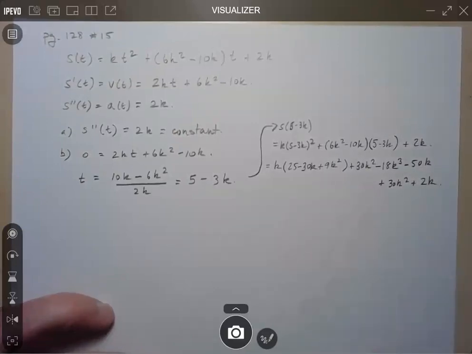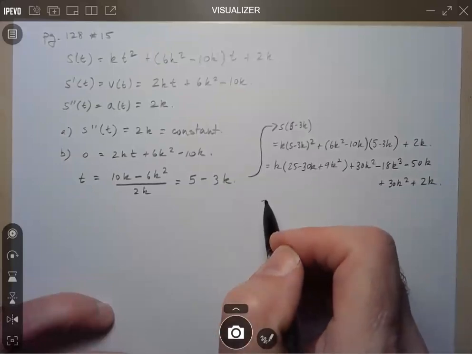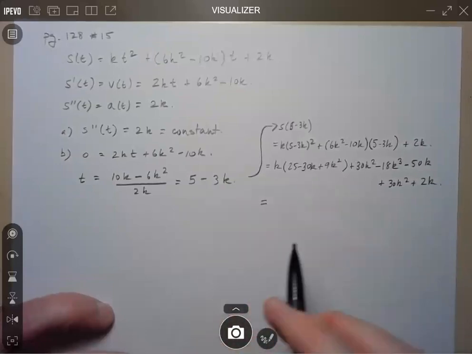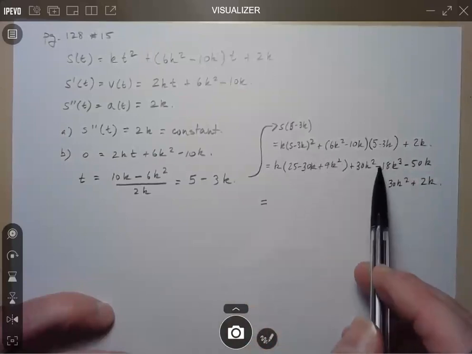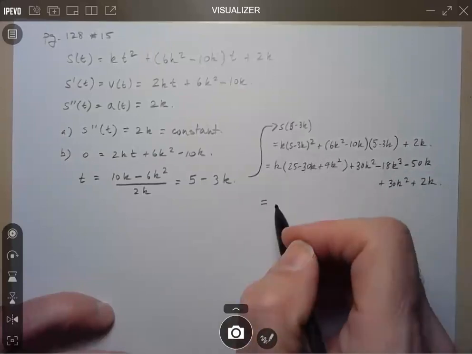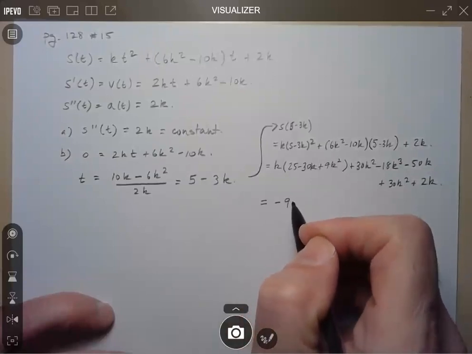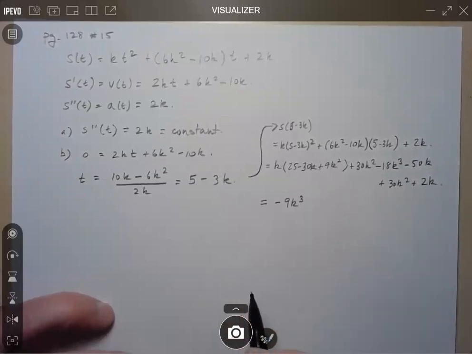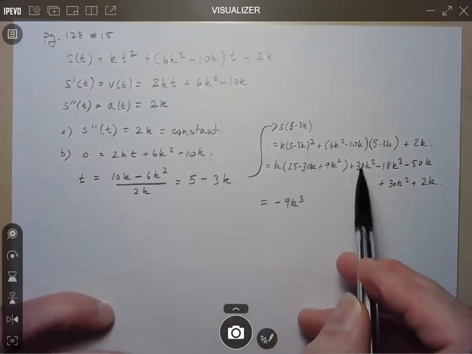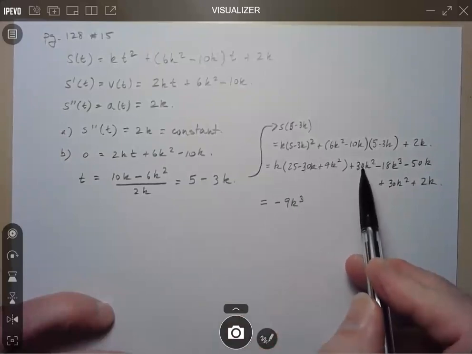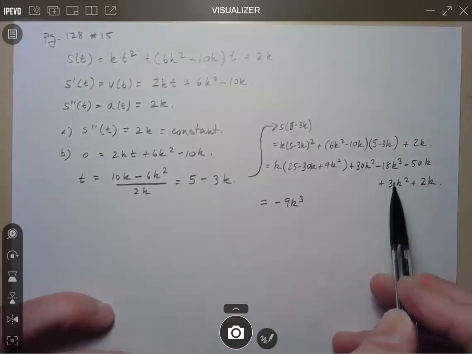Okay, it's quite a mess, but let's see what we can do. So let's do the cubes here. We have 9k cubed minus 18k cubed. So that's negative 9k cubed. Let's do the k squared. So here I have negative 30 plus 30, that's 0. But then plus another 30.